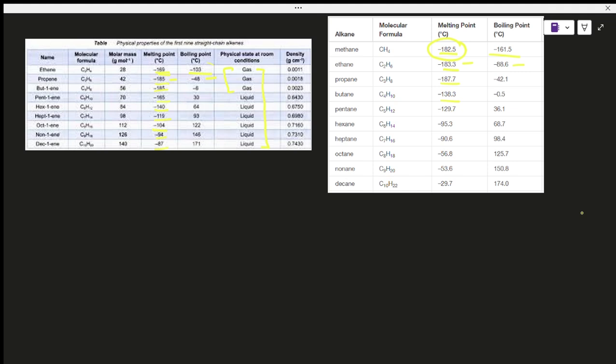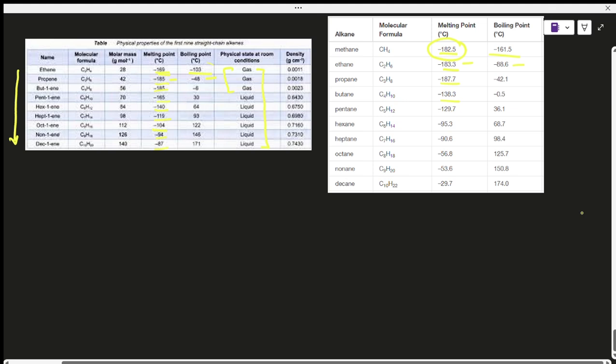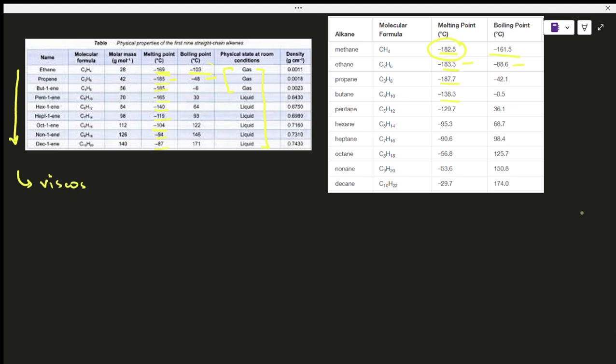And if you talk about viscosity, when we go down the series, the viscosity increases. Because as we go from ethene, propene, butene, pentene, hexene to all of the other molecules, the thickness of the liquid is increasing, and that's why the viscosity is increasing, right?